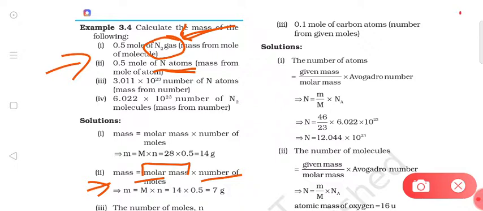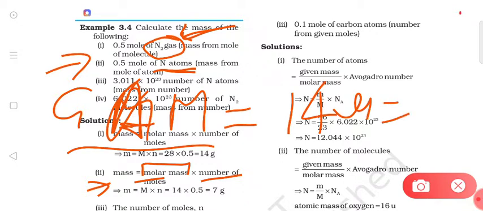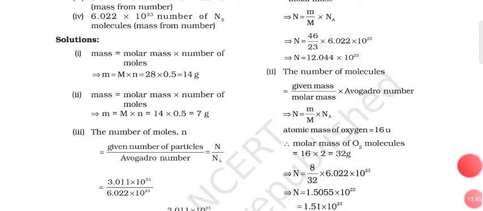For calculating the molar mass of nitrogen atoms, we need to know the gram atomic mass of the nitrogen atom, and we know that the atomic mass of a nitrogen atom is 14 u. So the gram atomic mass will become 14 gram. So the molar mass of nitrogen atoms will become 14 gram. Now let's put this value here.